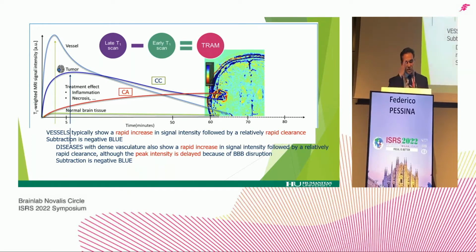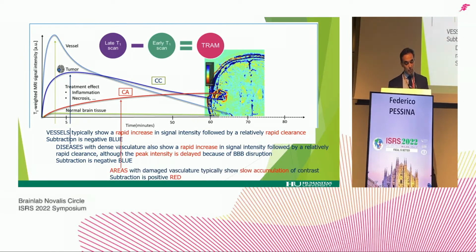The disease, so the active tumor, with a dense vasculature, also shows a rapid increase in signal intensity, followed by a relatively rapid clearance, although the peak intensity is delayed by reason of the blood-brain barrier disruption, and in the same way the subtraction is negative and so blue.